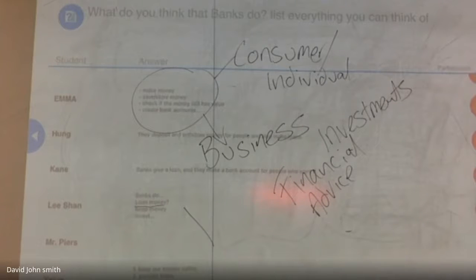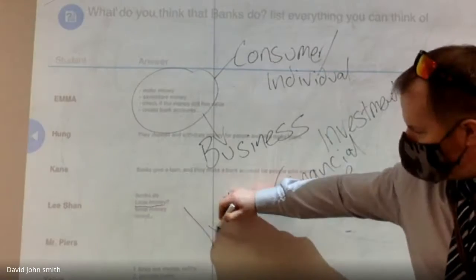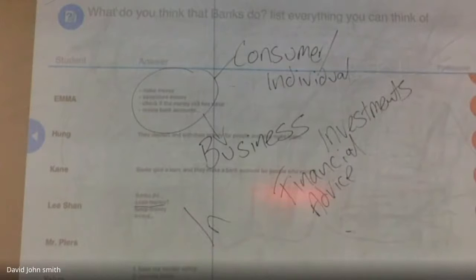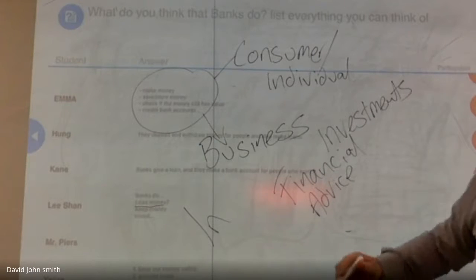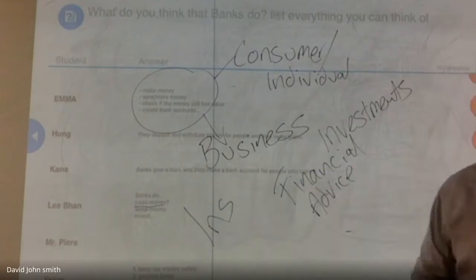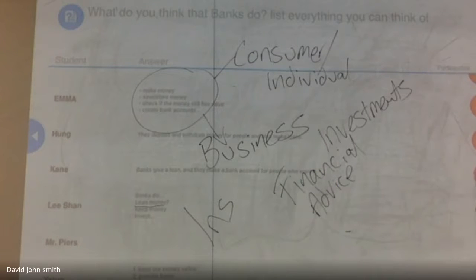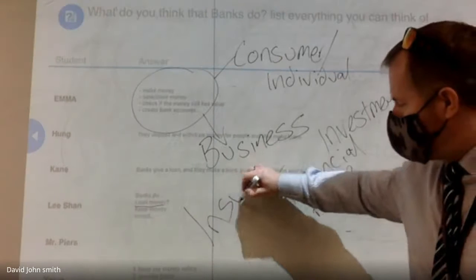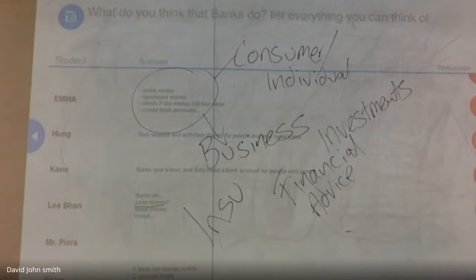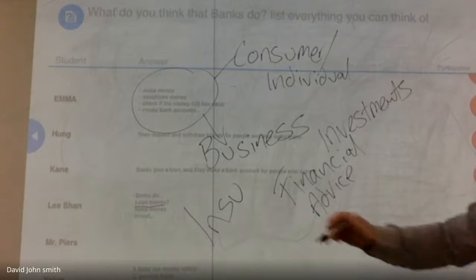Banks sell you something beginning with the letter I. There's a letter M. What could they sell you? There's a letter S. Yes, well done.